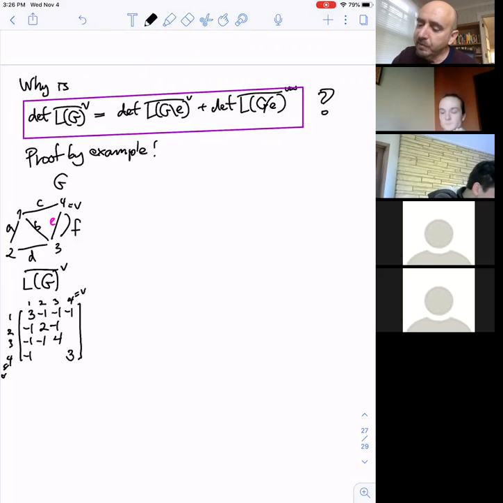And 3, 4 is a negative 2, is that right? Who am I missing? 2, 4 is a 0, right? Anybody feel like I wrote down the correct Laplacian matrix there? Any errors? Okay. Good.